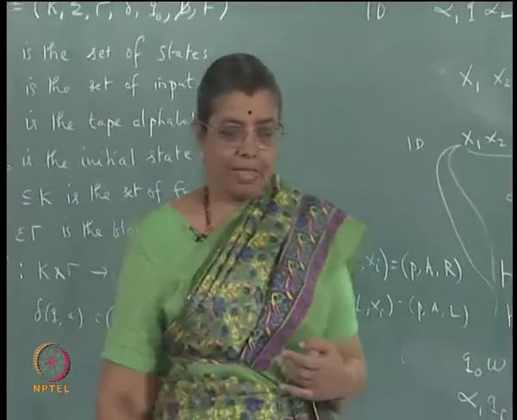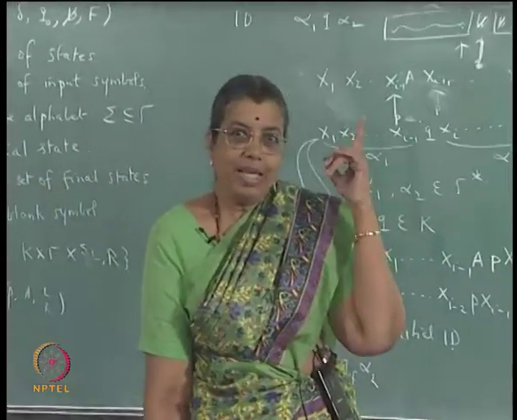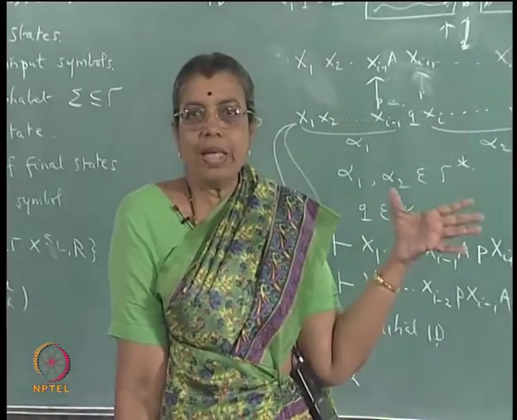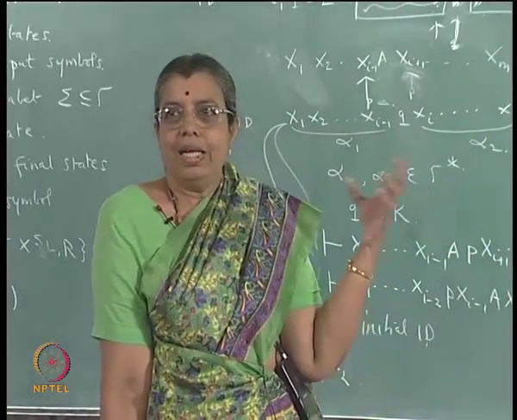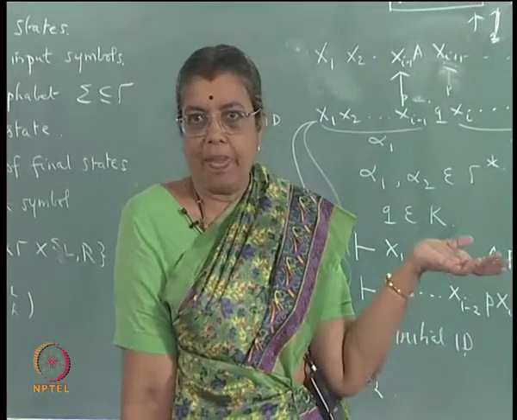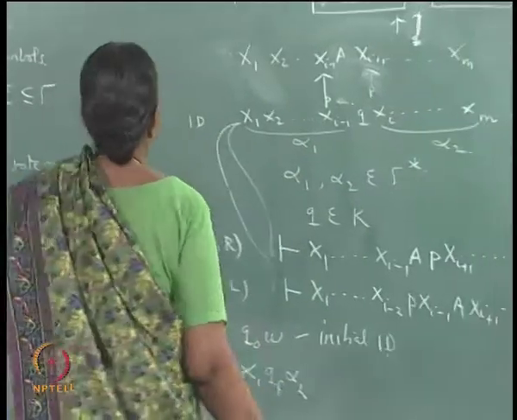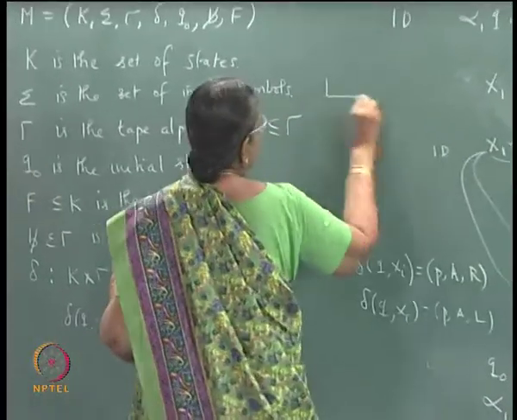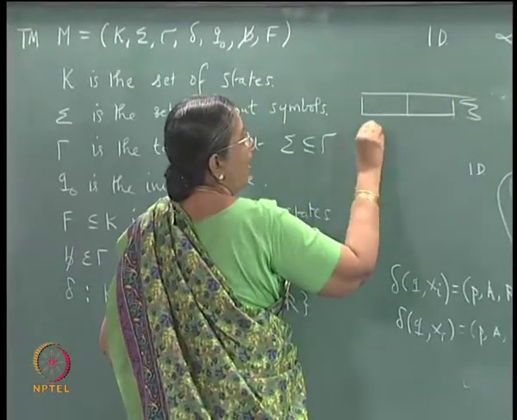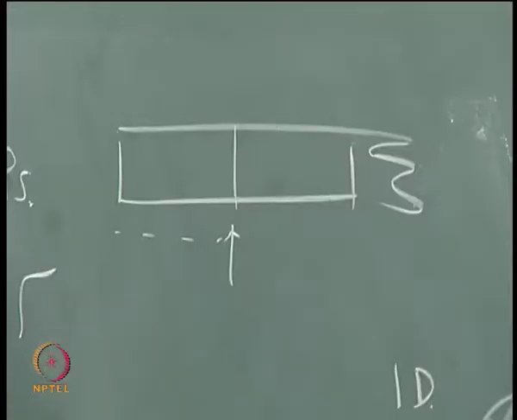So, here for acceptance, you can see that it has to see the first blank symbol and then only accept. That way we are making sure that it is seeing the whole input. By the definition it is not necessary. So, what happens if something is accepted without going through the whole input, after seeing this portion it accepts? What does that mean?